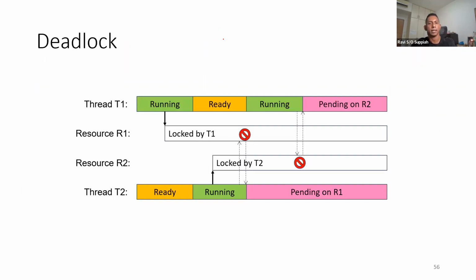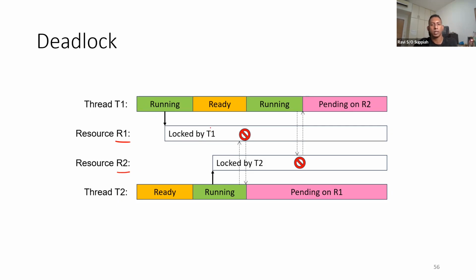Besides that, there is also another potential issue, which is what we call deadlock. So what is deadlock? For example, I have two tasks, T1 and T2, both requiring two resources, R1 and R2. Let's assume that task 1 runs first.